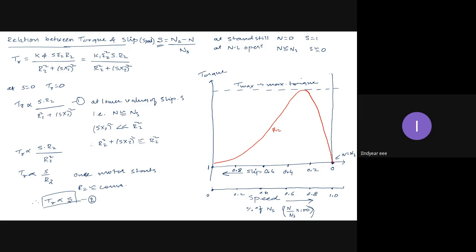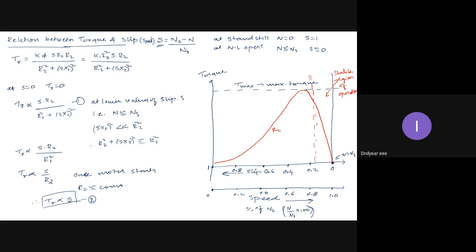So till the torque reaches its maximum value, the torque varies linearly with slip, and this is the desirable region of operation of motor. Stable region of operation.